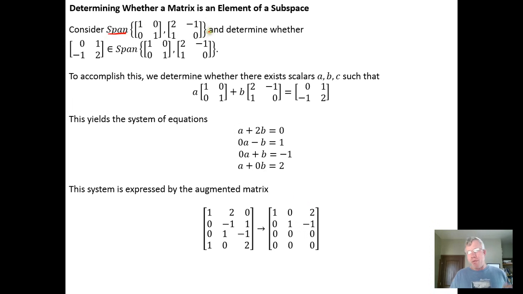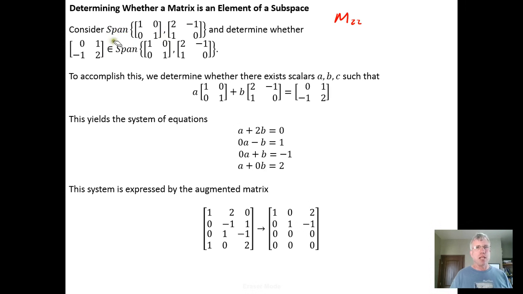What we want to remember from the previous video is that if we have a vector space like M22, which is the set of all 2 by 2 matrices, and we pull any arbitrary subset of 2 by 2 matrices out of this vector space, that set of matrices will form a subspace, or a vector space in its own right.